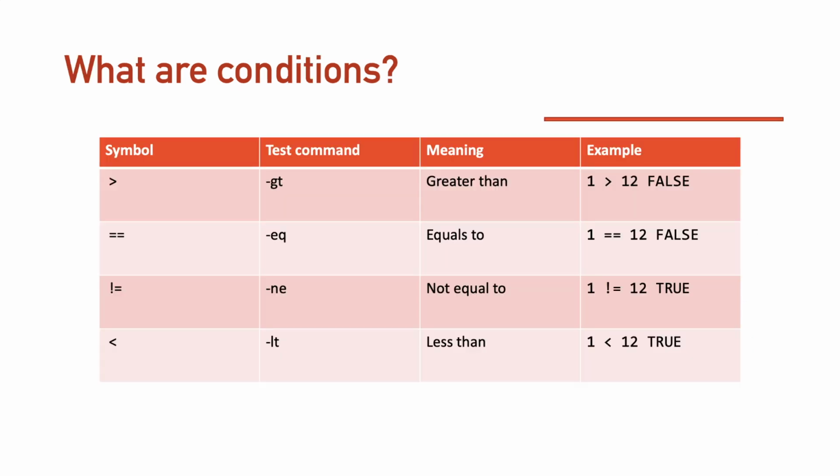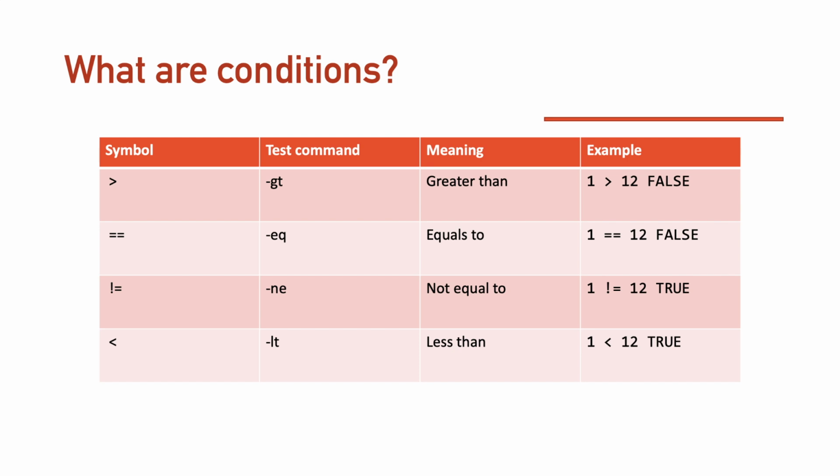Now, in Bash, we also have conditions. Conditions are statements of logic. They can only be true or false. There's no other one it can be. Now, you might be familiar with the mathsy logic version of these, so I've put them on one side, and then we have the test command. And test is a specific Bash tool, but that's what we use.